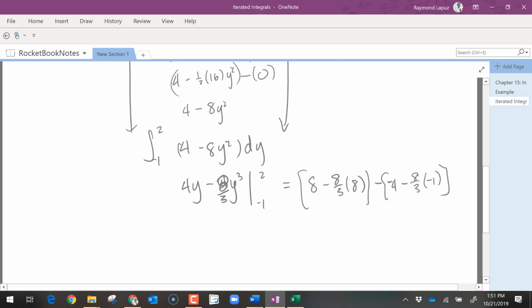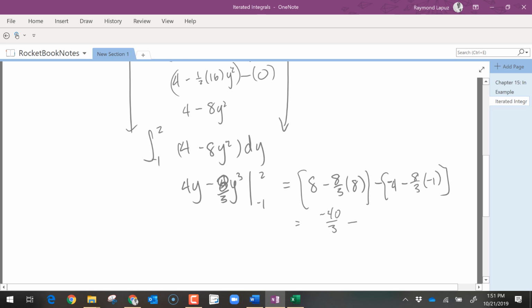All right, what's this? Oh boy. So 24 minus 64 is -40. Is that right? 24/3. 8 times 8 is 64. 24 minus 64 is -40 thirds.